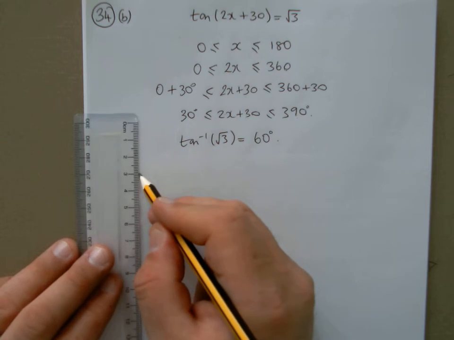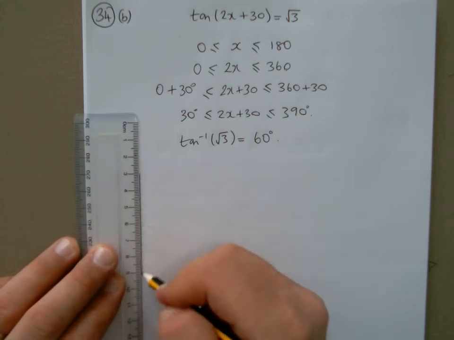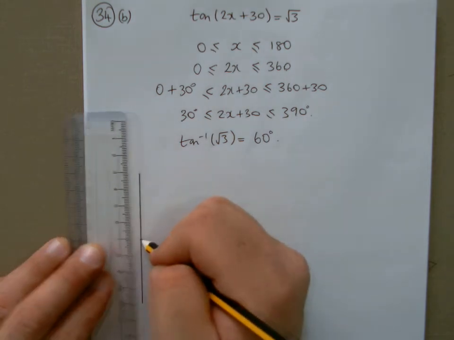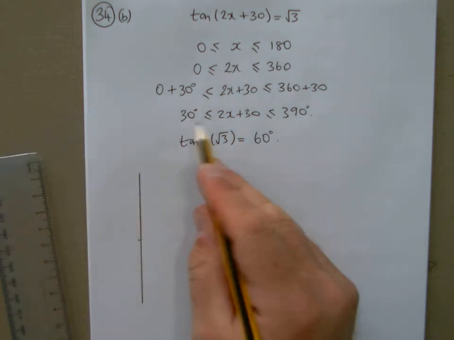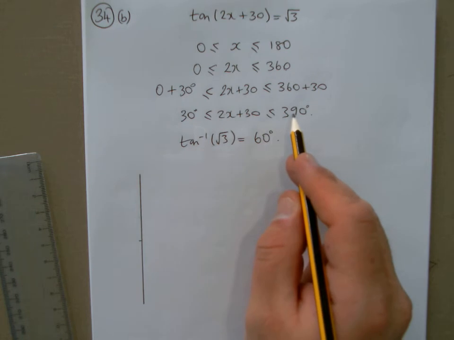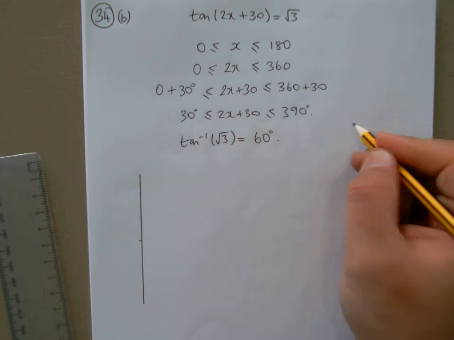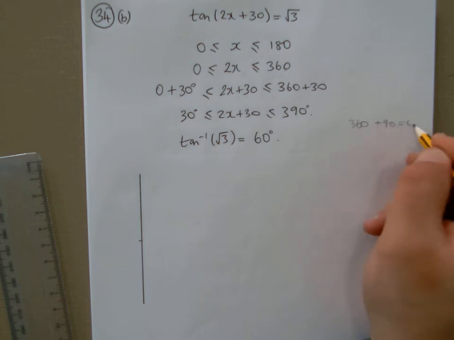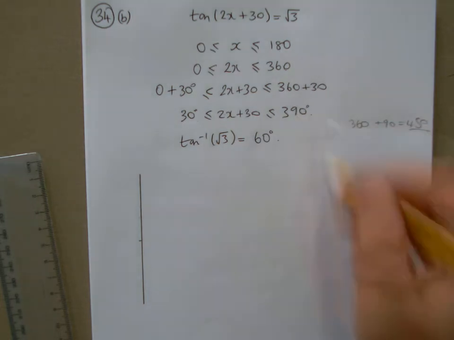Because if we do it from 0, it's going to include 30, isn't it? And again, it's going to be unrealistic to end at 390, because usually we end at 360, don't we? So if we add 90 on, we'll go to 450, because that will then include the 390.